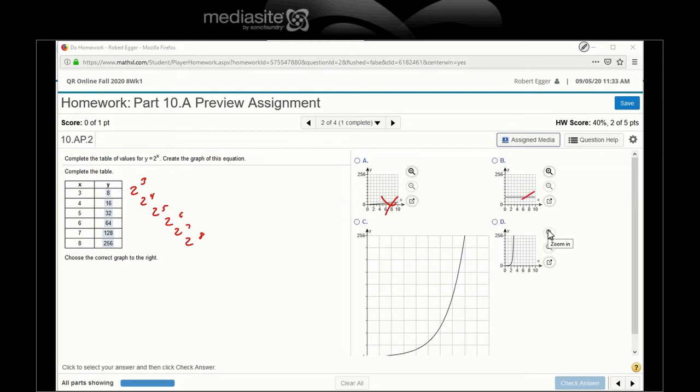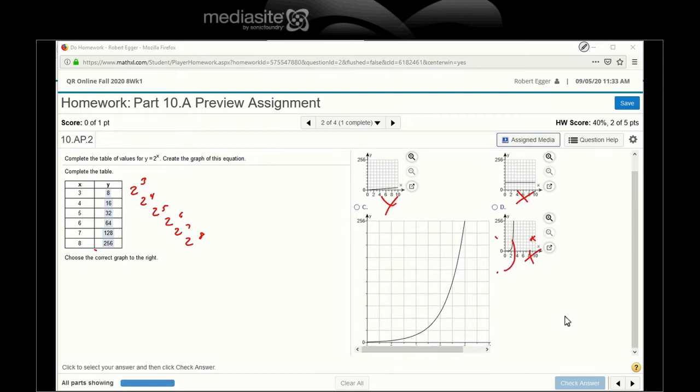Same with here, a horizontal line, that's a constant. This one goes 0 to 256, which is what I have, 256. But 256 occurs more out here. So this goes up way too quickly. It can't be that one. So it has to be this one.